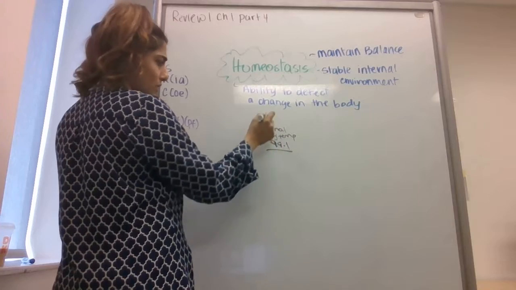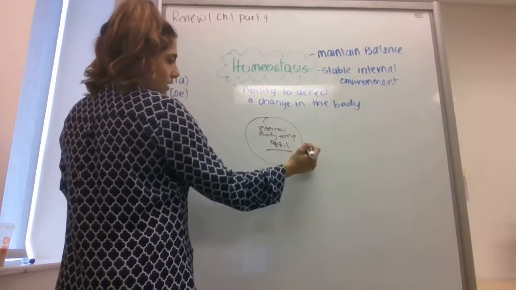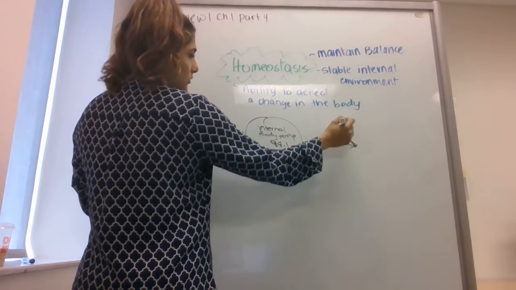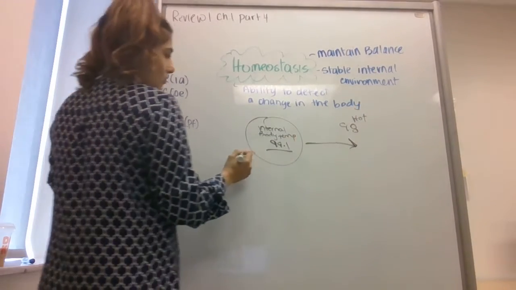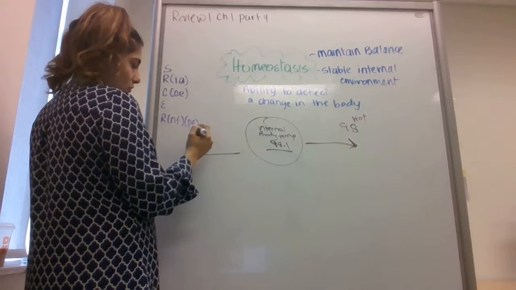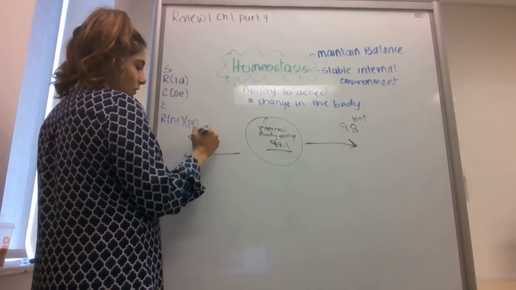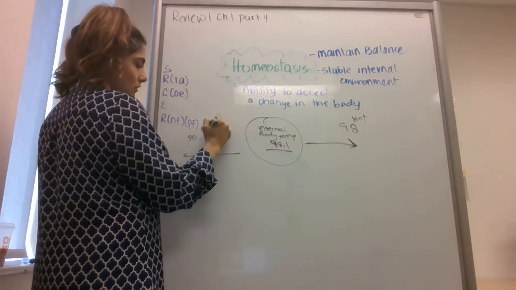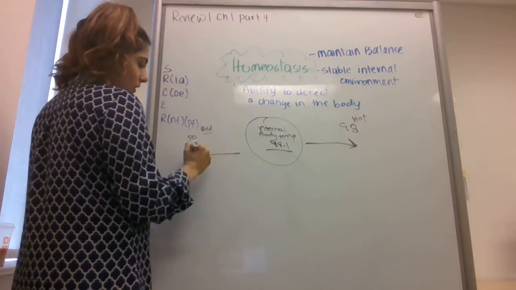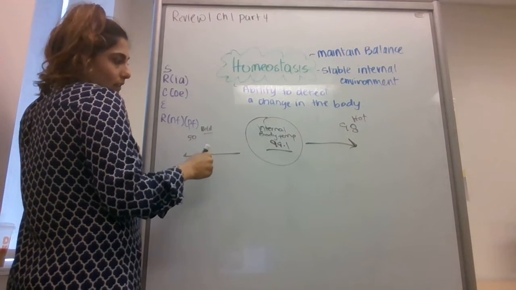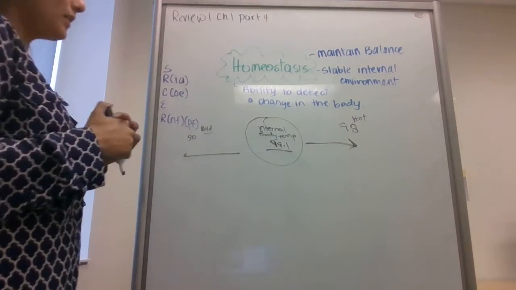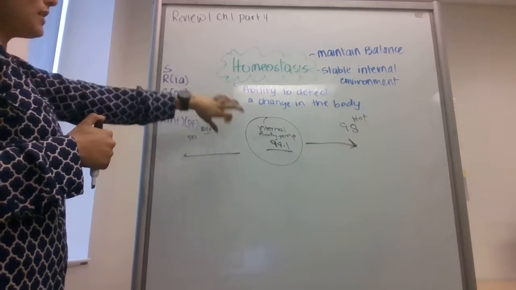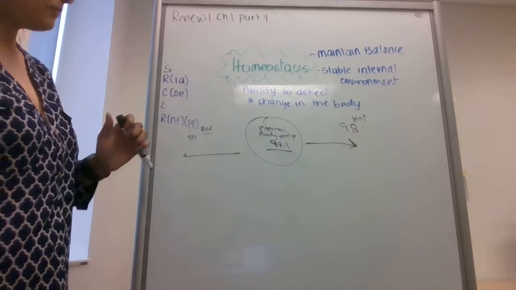I don't know if that's what it is, but if the temperature goes to 98, or if it goes to 50, it knows, it can detect. It can determine if it went too hot or too cold, too high or too low, and then it knows how to bring it back to normal.